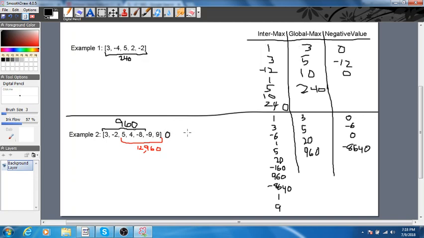Yeah, it doesn't matter, because if there's a 0 here, and then we had another odd number of negative values, and we tried using the first two, and we tried using the last two, we'd find out that one of these had the maximum.